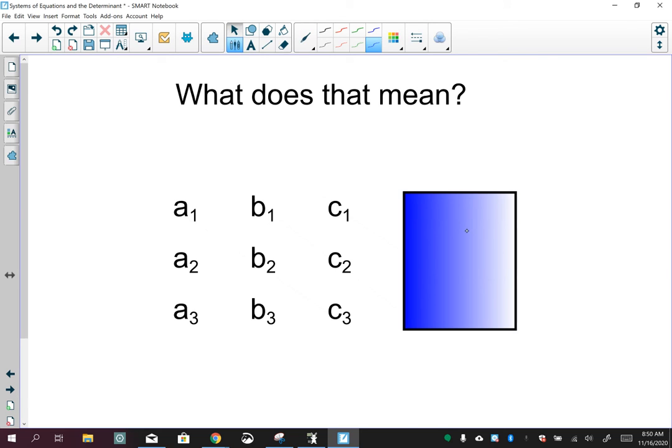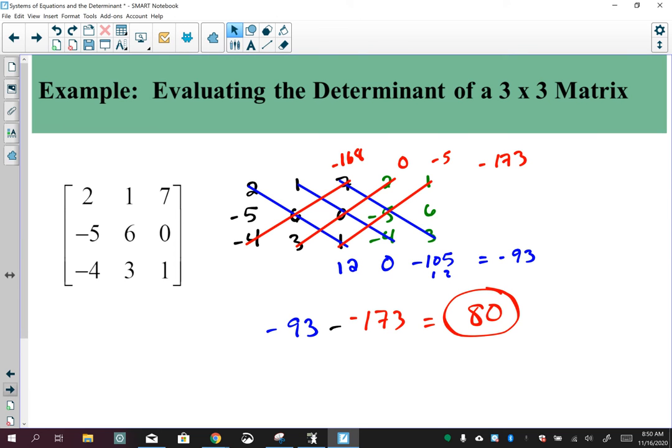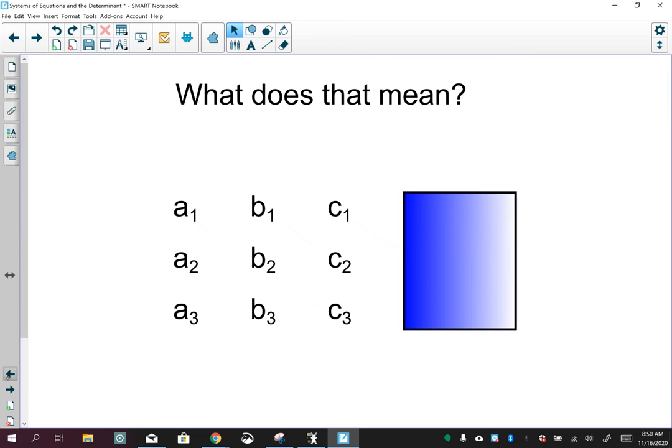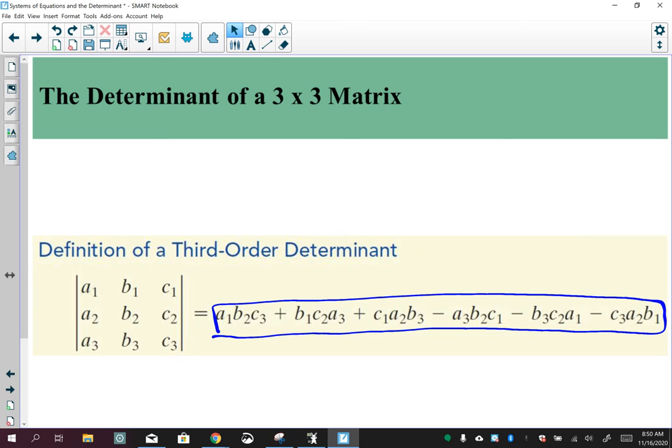So again, if you can see the formula here, there's the A1, B2 that way, then C1, A2, B3, and so on and so forth. So C1, A2, B3, and then there's that going backwards.